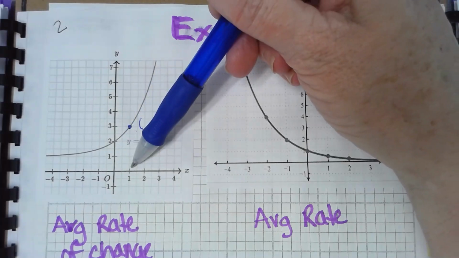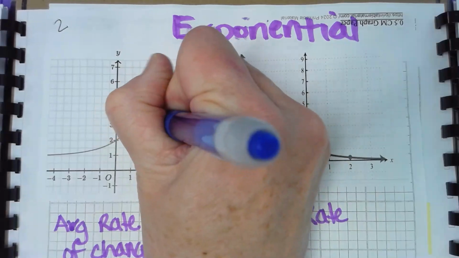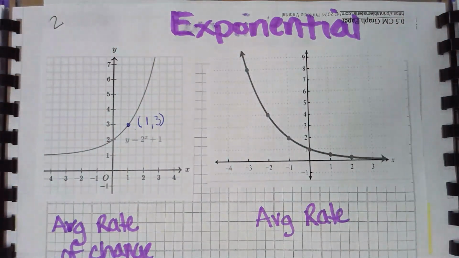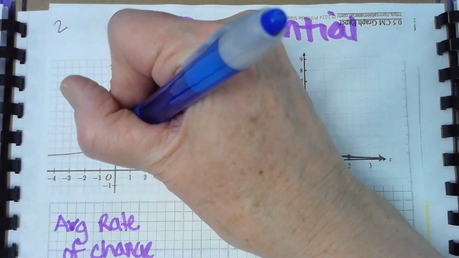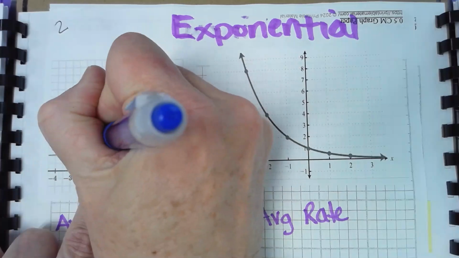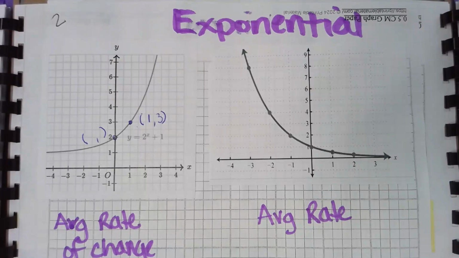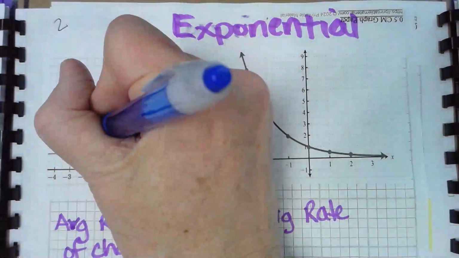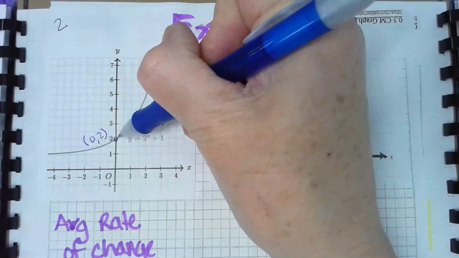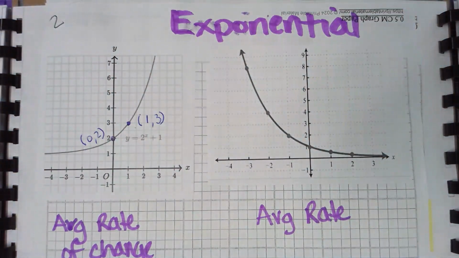It is 1, 3. It's the ordered pair 1, 3. Okay. All right, let's do this one. Everybody put a dot. I want to know what that ordered pair is, and let's label it. What is that ordered pair? It is 0, 2. That ordered pair is 0, 2.